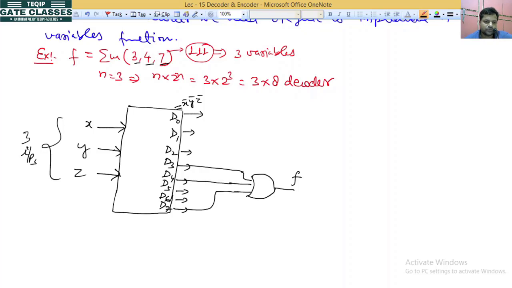I want only 3, 4, 7 to implement, so we take those minterms from 0 to 7. 3 is here, 4 is here, and 7 is here. We take all these minterms and connect one OR gate with them, because it is a sum of minterms. We will get that function.